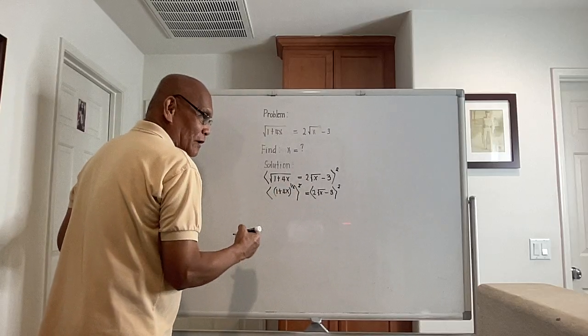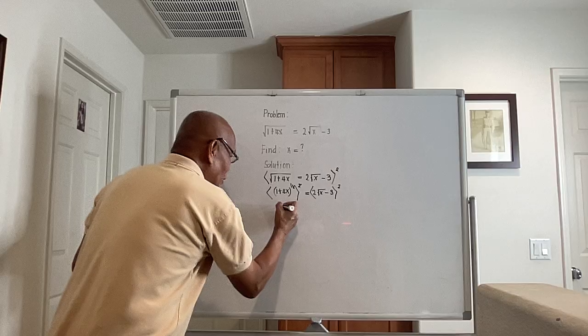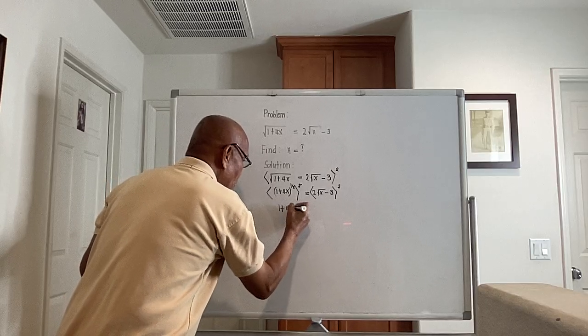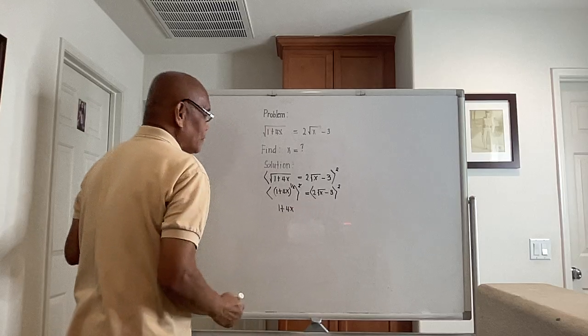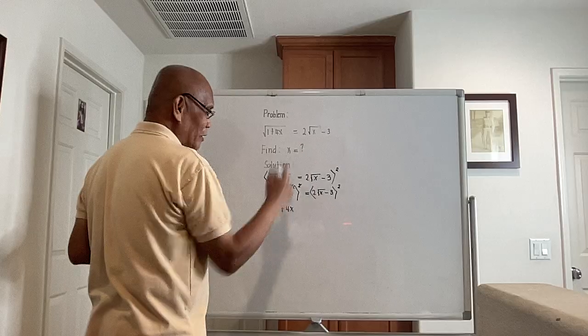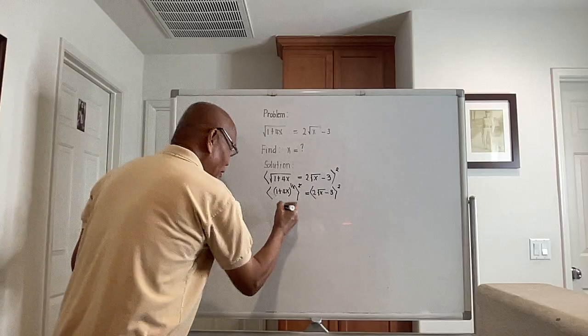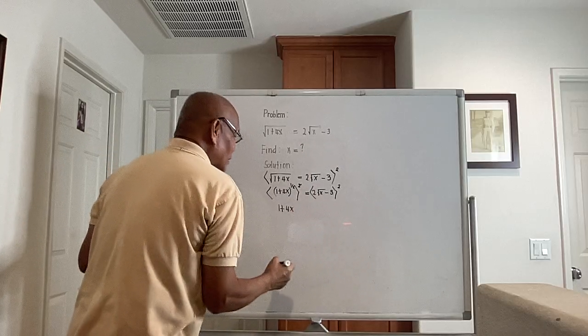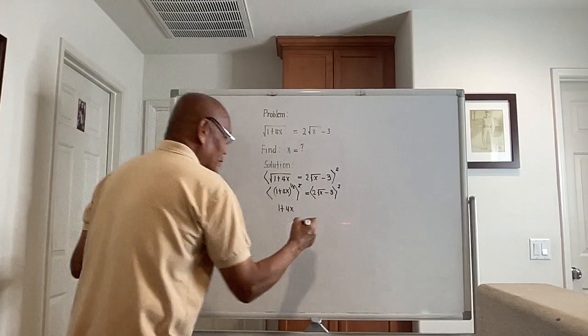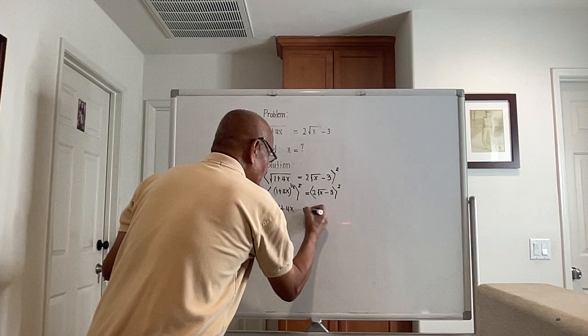Or for the left hand side after the squaring, it will just become 1 plus 4x. Okay? No more square root, because this 1/2 times 2 will become 1. So this is actually raised to the first power. We don't have to place any more the quantity. Anyway, the power is just 1. And this should be equal to.